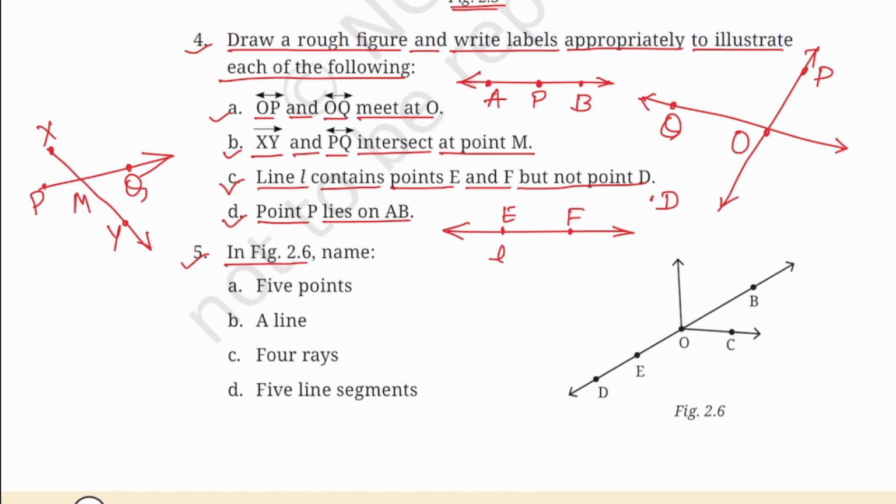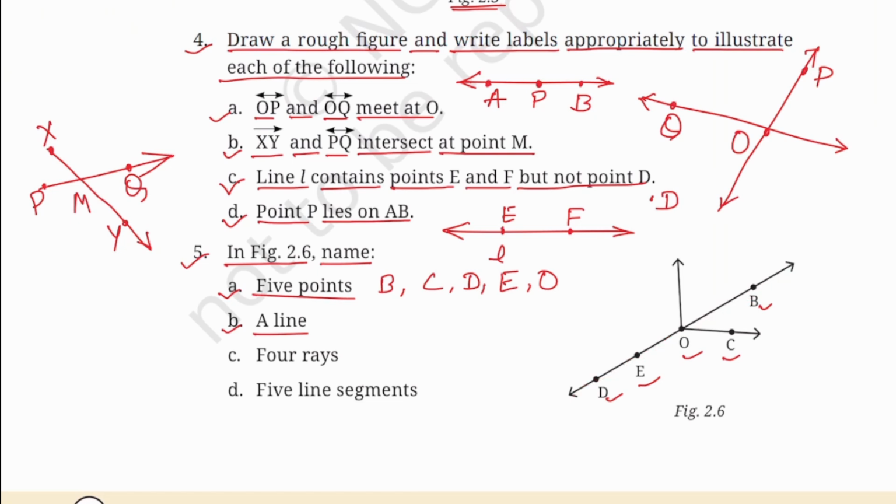5. In figure 2.6, name A, 5 points. You can see points B, C, D, E and O. You can write B, C, D, E and O. B, a line. You can see a line.